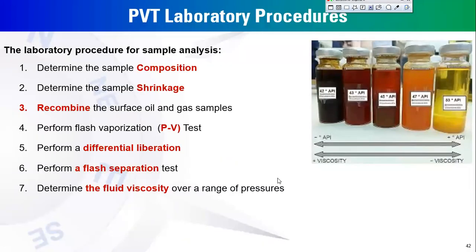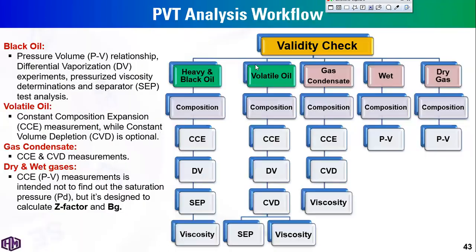So lab procedures, as mentioned, are to determine composition, shrinkage, recombination, and perform different lab experiments as a function of pressure. So this is the PVT workflow after validity checking, based on the reservoir fluid.